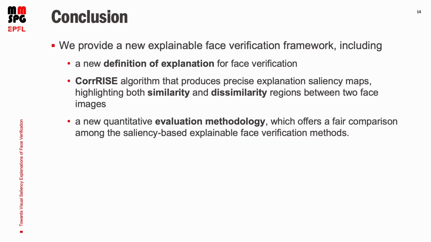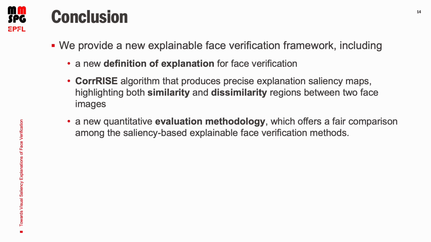In conclusion, we first provide a more reasonable definition of explanation for face verification. Secondly, we propose the CorrRISE algorithm that can produce saliency maps for both similarity and dissimilarity regions between any 2 facial images. It outperforms the current state-of-the-art explainable face verification methods both visually and quantitatively.